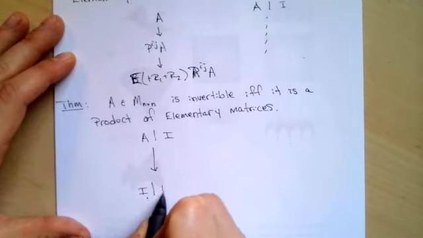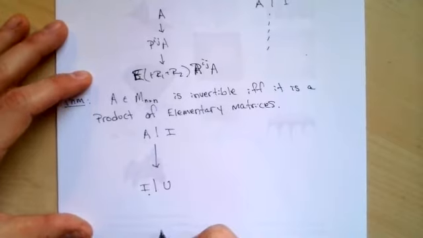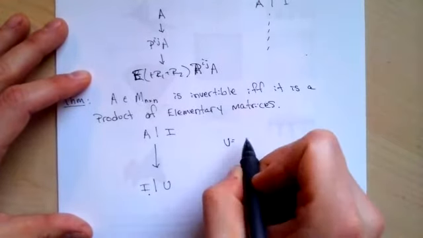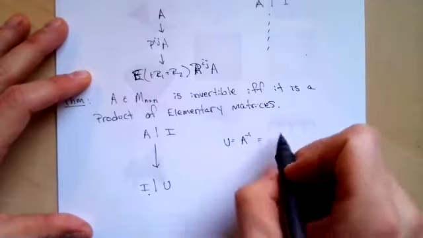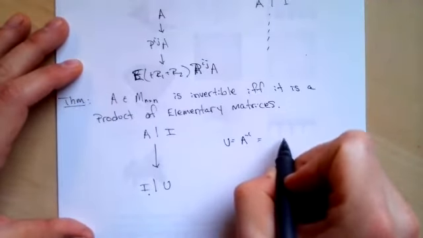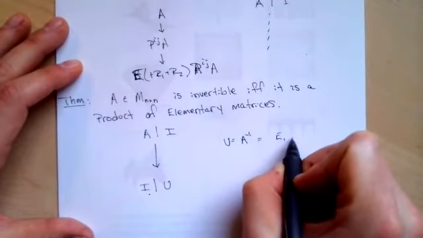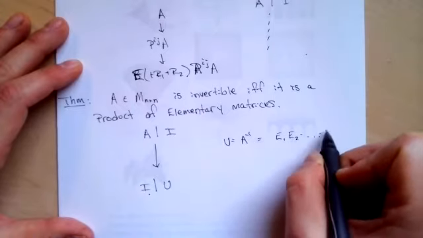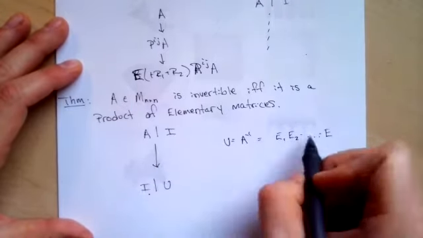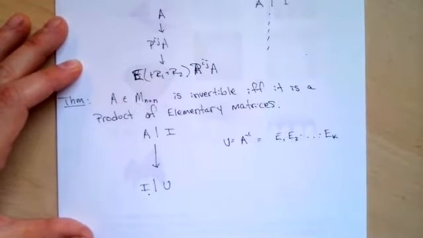And then on the right, what we're going to end up with is U. And so if U is A inverse, and this is a product of elementary matrices, let's just use generic letters. Let's just call them E1 times E2 times however many steps we needed to put that into reduced row echelon form, let's say up to EK.